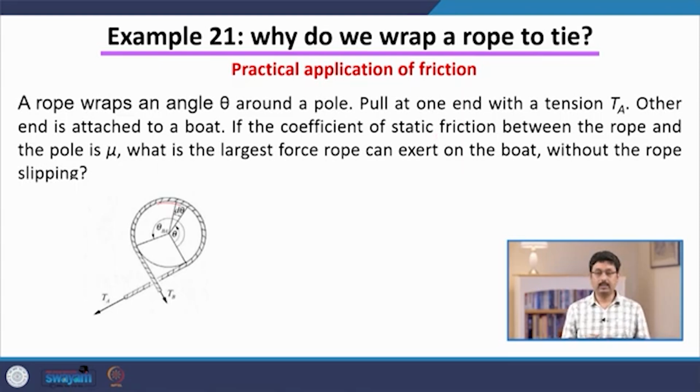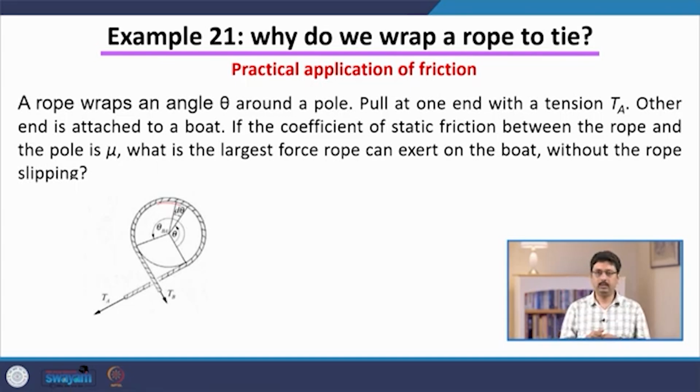Remember that when we reviewed the nature of the tension force in a rope a few weeks back, we gave an example that the tension in a rope, which we normally assume to be uniform, need not always be so.